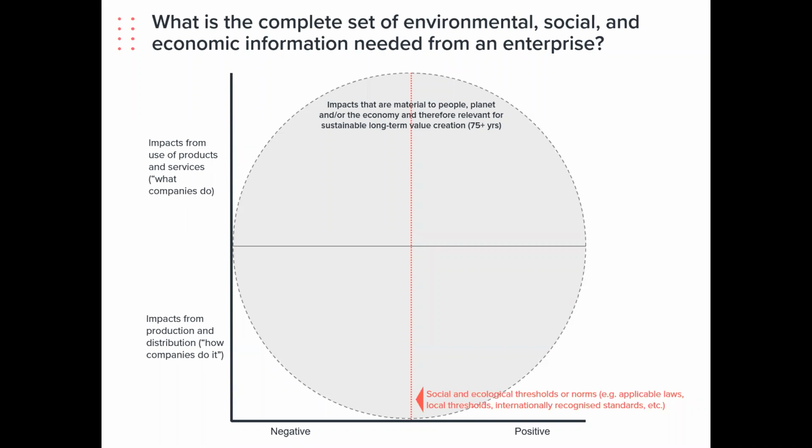And so the point of this diagram is just to say that it's not that the information itself, the metrics themselves, are intrinsically negative or positive. It's the performance on the metrics that can be interpreted as negative or positive. And the only way that interpretation can be made is if there is a social or ecological threshold or norm that tells you at what point an outcome stops being negative and starts being positive.